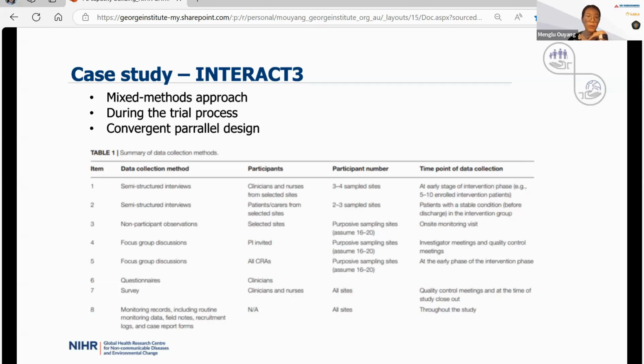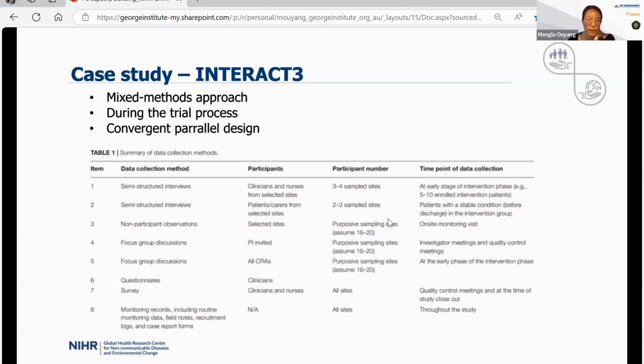And from the operational side, we conducted focus group discussions with the CRAs and the project manager, which aimed to understand early how we can better improve implementation from the operational and communication process.